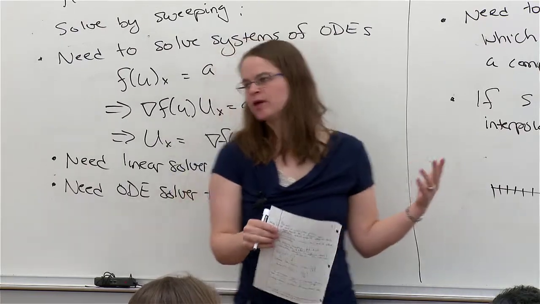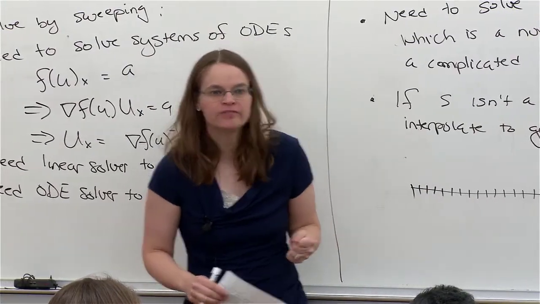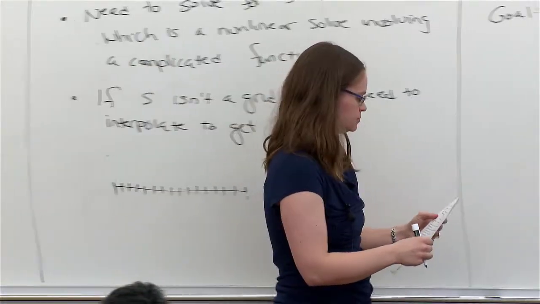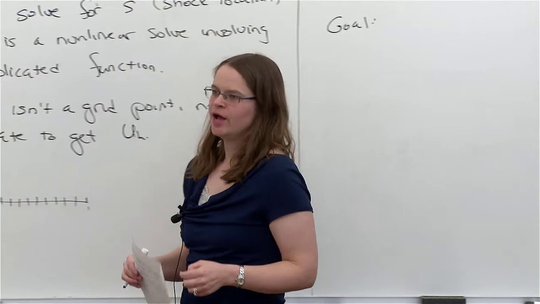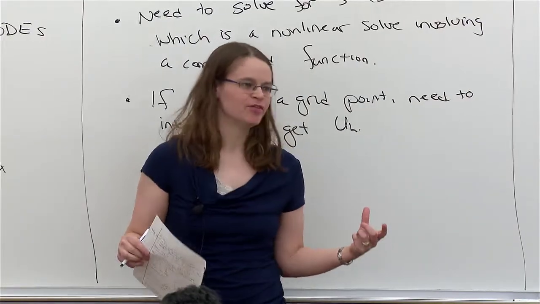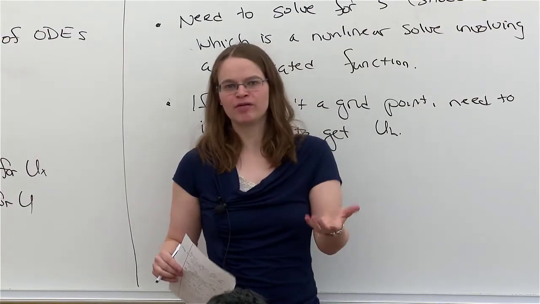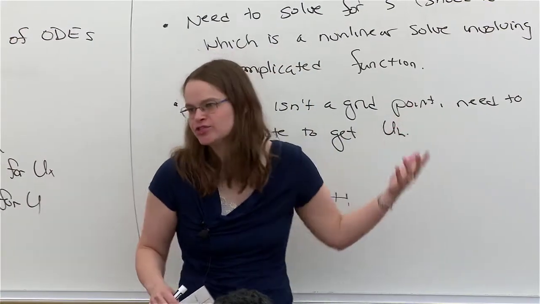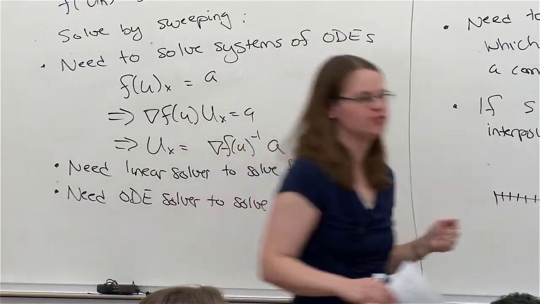If the solution has to be correct to within 10 to the minus 2 or 10 to the minus 8 or whatever. Your problem might be, I'm trying to build a bridge and I need to put up this beam and I need to know how much steel I need in this beam so that the bridge doesn't fall, and I'm going to have some tolerance that I'm willing to accept, but I'm not going to accept too much error in this, because if the solution you give me has too much error, the bridge might fall down and then you're out of a job.